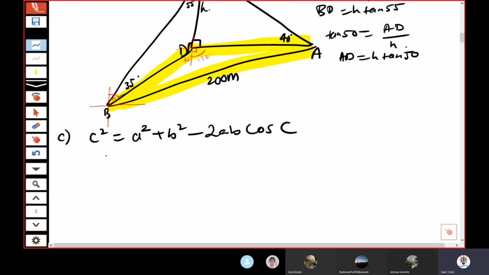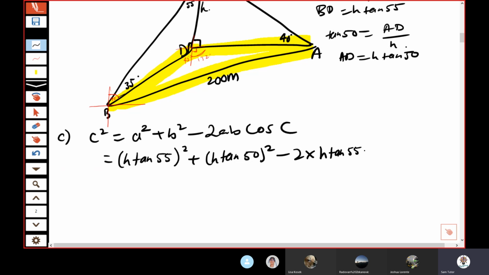So watch this. a squared, the first one squared, like h tan 55. So h tan 55 squared plus b squared, which is h tan 50 squared, minus 2 times h tan 55 times h tan 50 times cos C, cos 132.